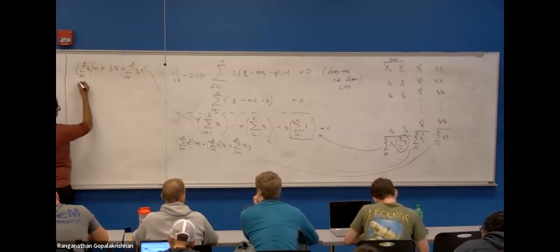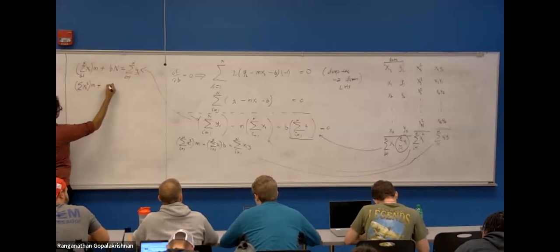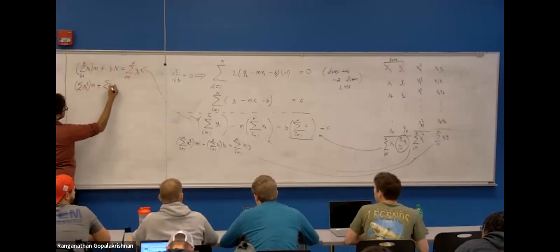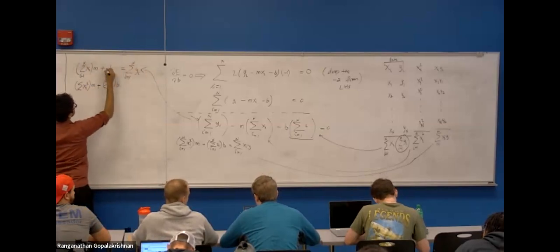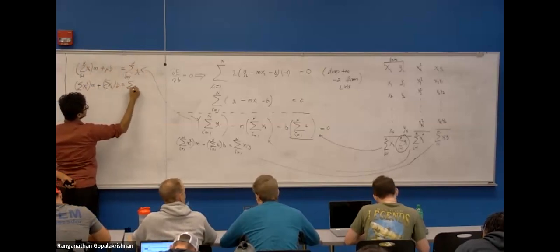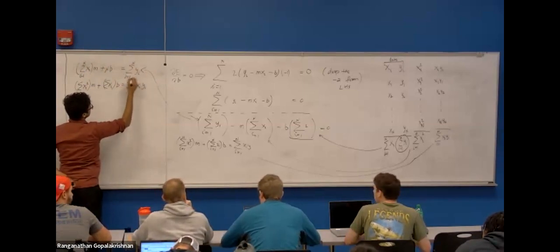That being one of the equations, the other equation is sigma xi squared times m plus sigma xi times b equal to sigma xi yi, i equal to 1 to n.